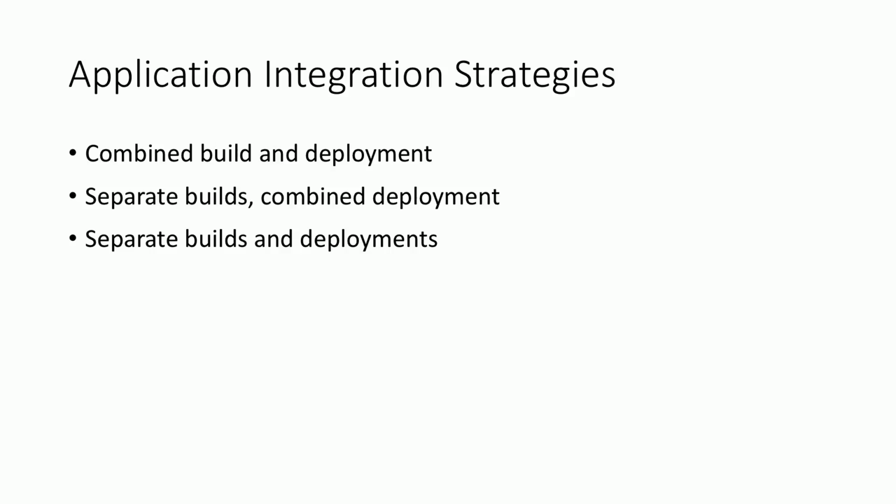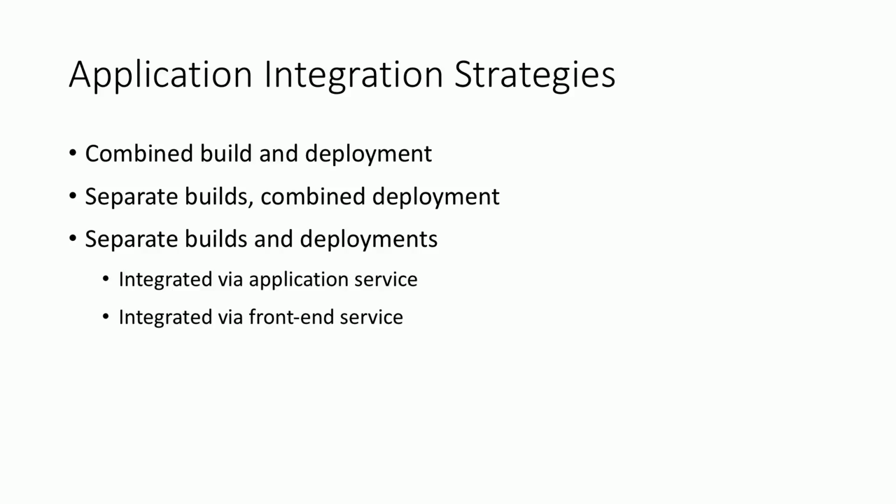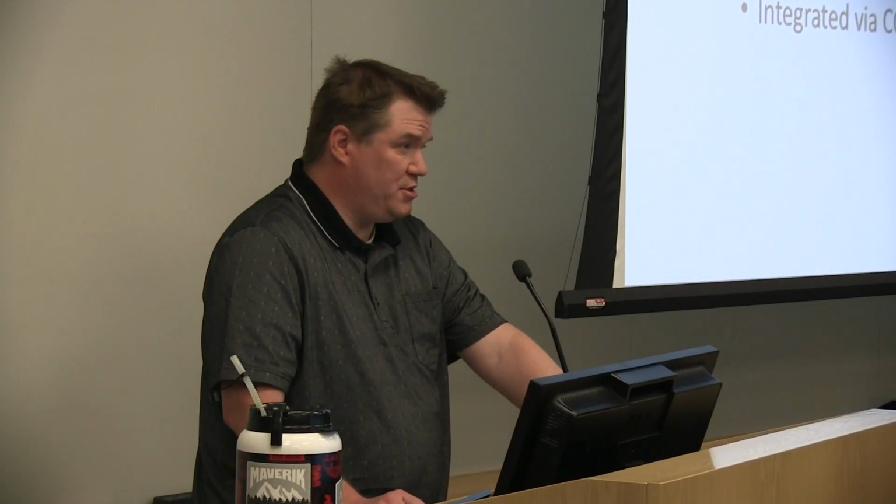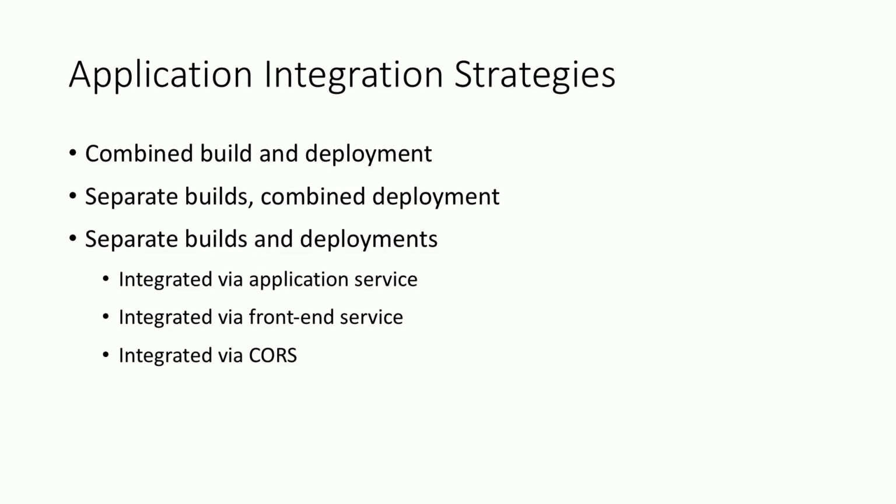When you have those independent processes, there are different ways to integrate them. When you have separate deployments, one way is to integrate via the application service, where the application service effectively proxies the front-end assets. The other is a flipped scenario where you integrate via the front-end service. In that case, the front-end service proxies the API calls to the back end. Third, integration via CORS, where you configure your back-end application with CORS headers so that it can get past the cross-origin restriction in the browser.